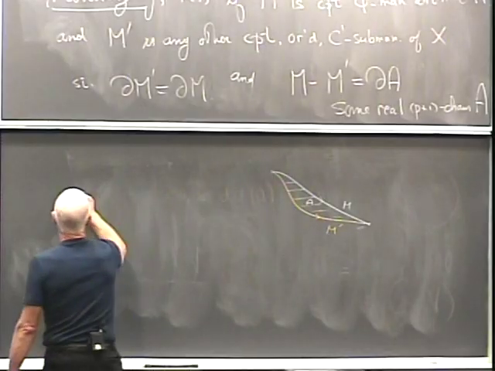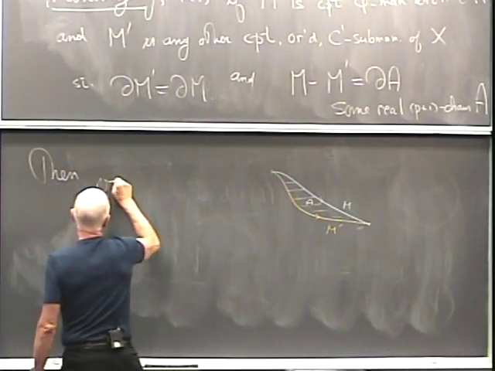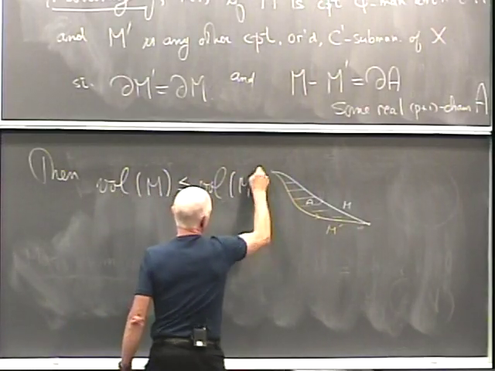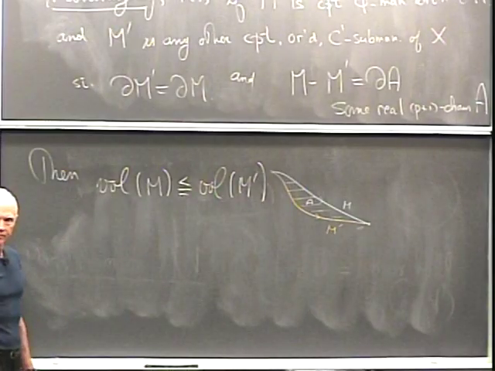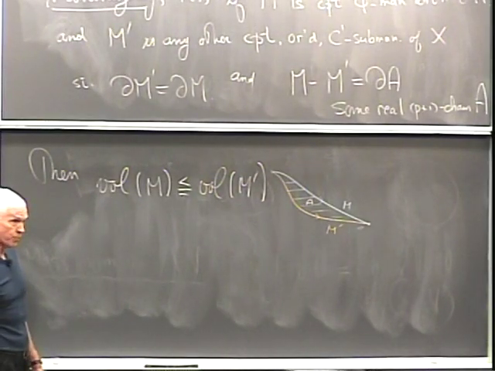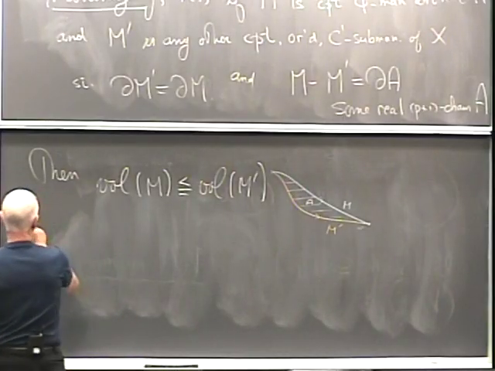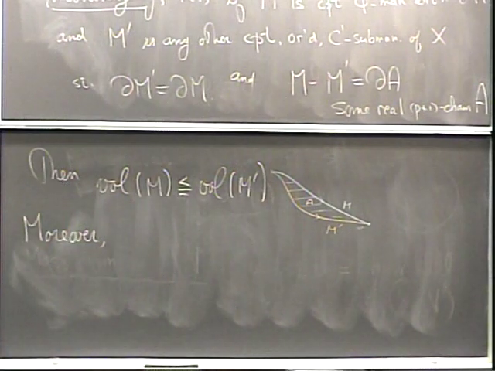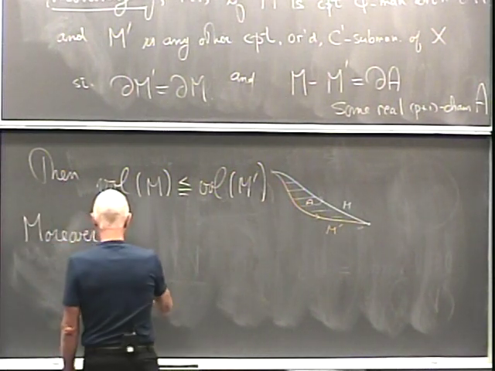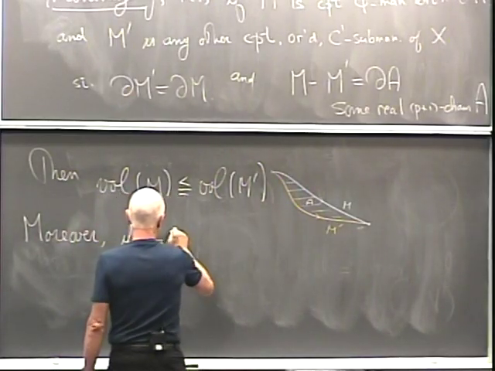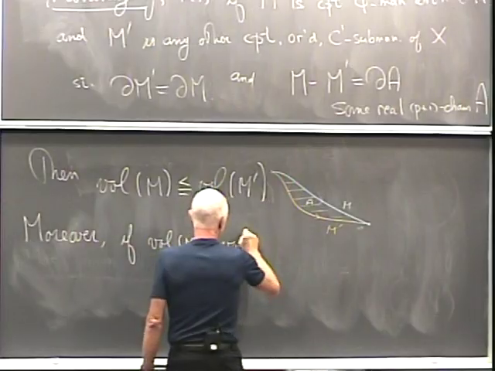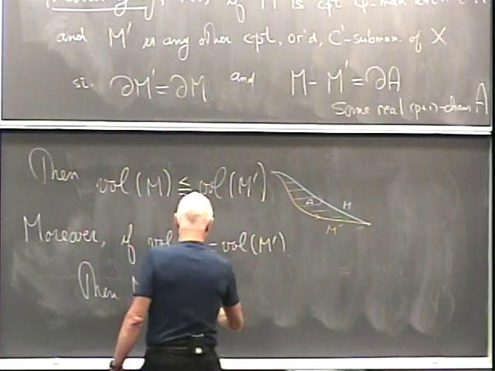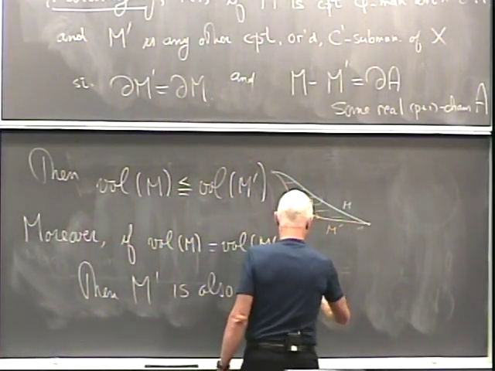Okay, so the conclusion is that then the volume of M is less than or equal to the volume of M prime. Furthermore, and moreover, there's another interesting fact, and that is that if the volume of M is equal to the volume of M prime, then M prime is also a phi submanifold.